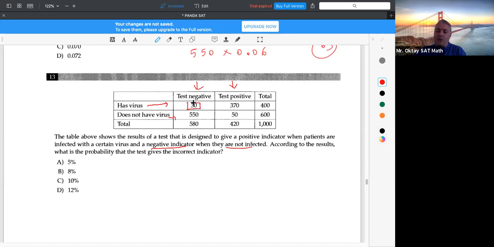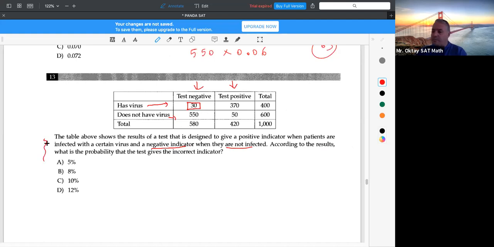So there are 30 people in real life, they do not have virus, but the test says that they have virus. Like this or not? Or the test says that they don't have virus. How should we understand? Think a little bit. Read the paragraph.